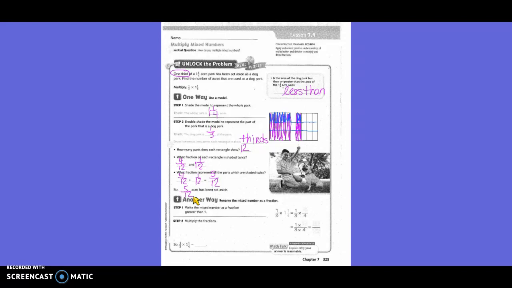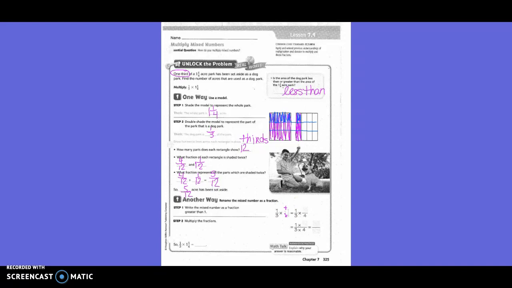They said another way is to rename the mixed number as a fraction. So they're renaming it as what type of fraction, guys? As an improper fraction. And that's what we've kind of been working with so far, right? So write the mixed number as a fraction greater than 1. What am I going to put here to show that I'm making it improper? A little multiplication sign and a little plus sign.